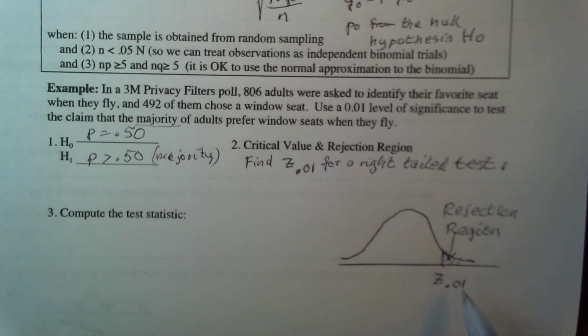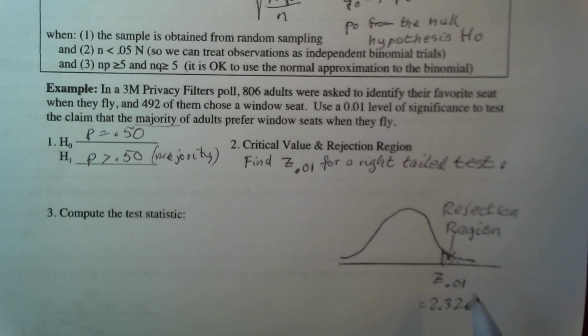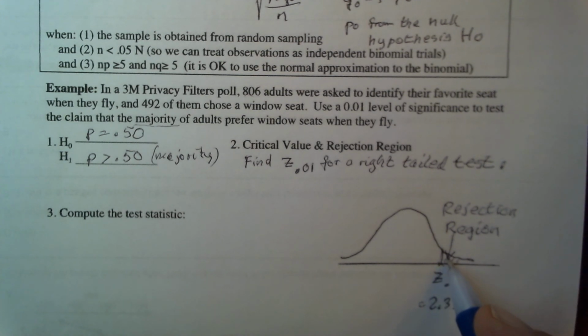And when we look up the area 0.99, we find that the corresponding z-score would be 2.326. In other words, that is the area to the left, but that is our z-score for the critical region.